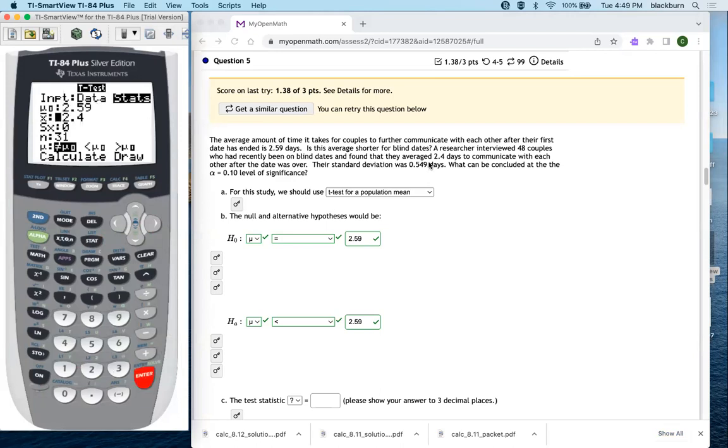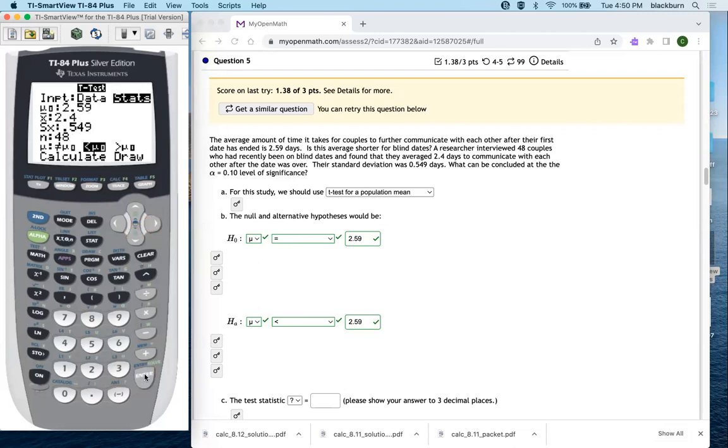We got our mean was 2.4. Standard deviation of that sample was 0.549. And we asked how many? 48 couples we asked. Now, my mu, is it not equals, less than, or greater than? Well, it's less than. So we're going to go over there and choose the less than.